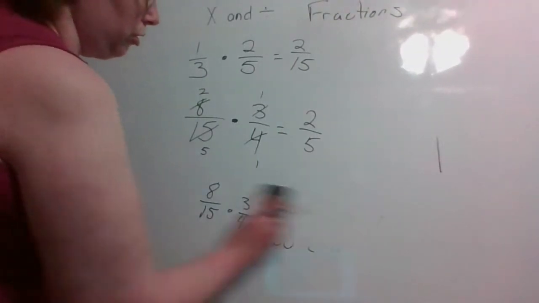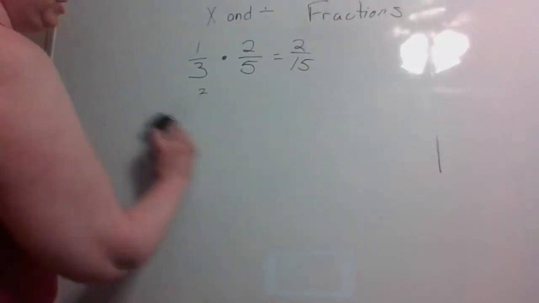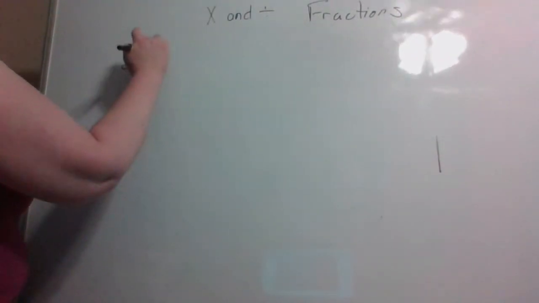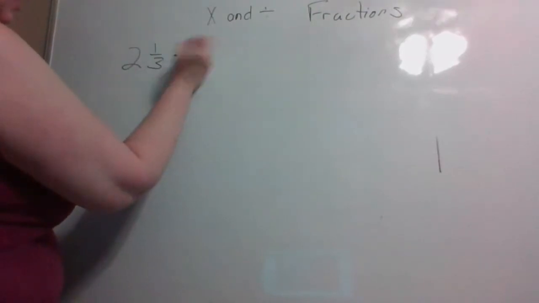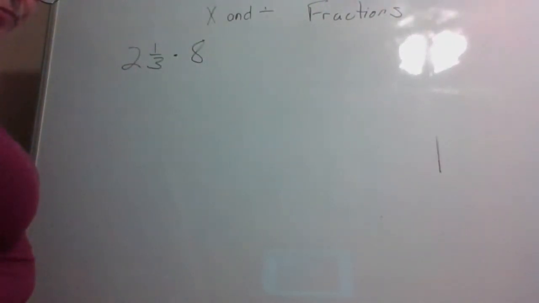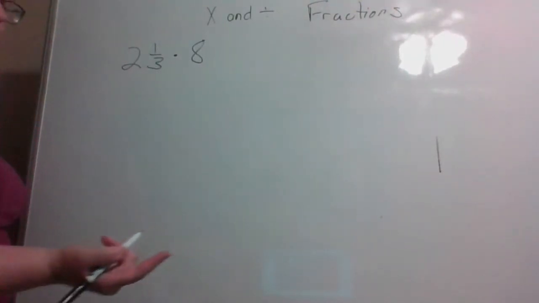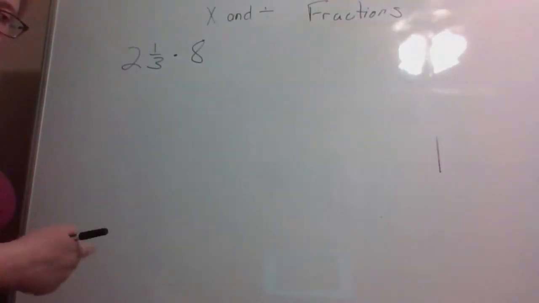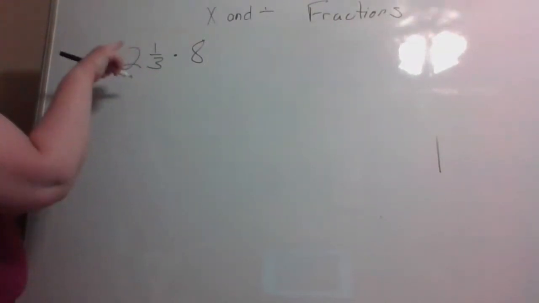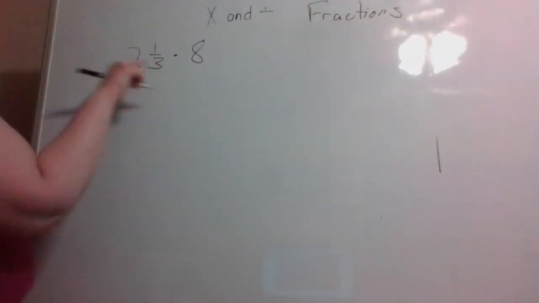Let me show you multiplying with mixed numbers. So say we had 2 1/3 times, let's just go whole number 8. To do this, we need to change both of our numbers to improper fractions. So we're going to multiply denominator times our whole number plus our numerator.